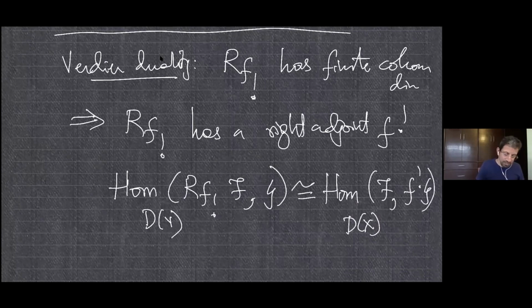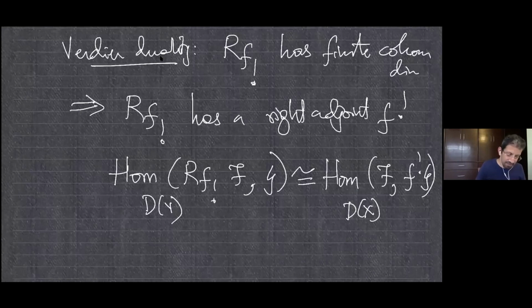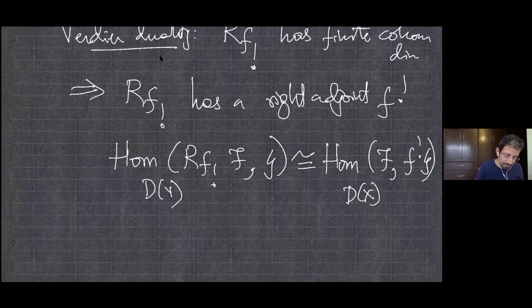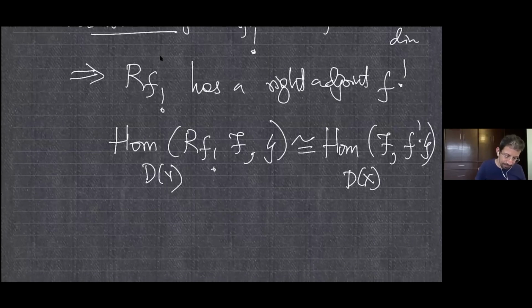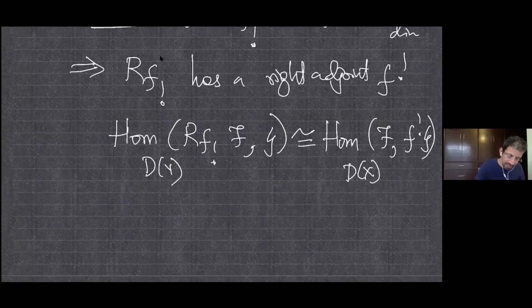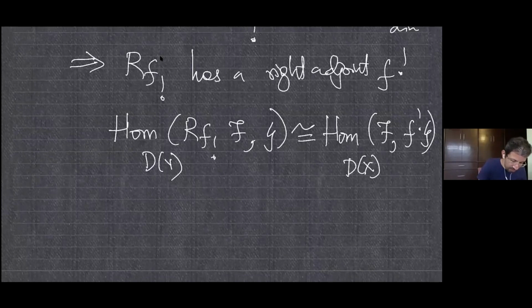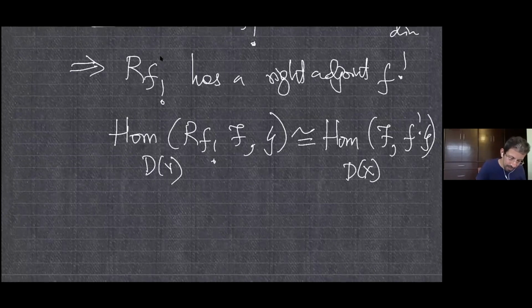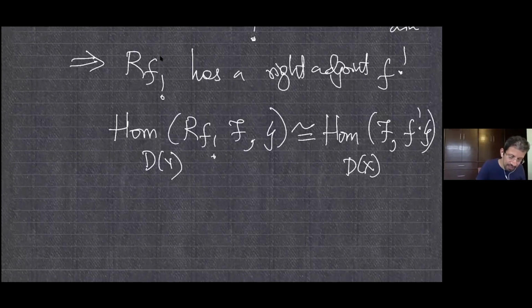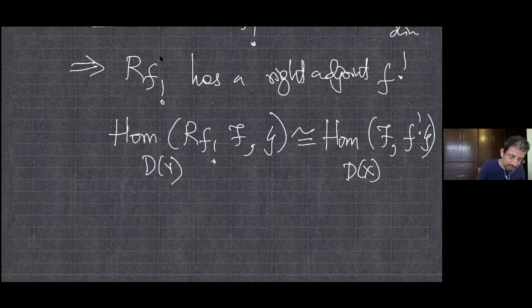So one can view this as a generalization of Poincaré duality. That's where the finite cohomological dimension assumption comes in.